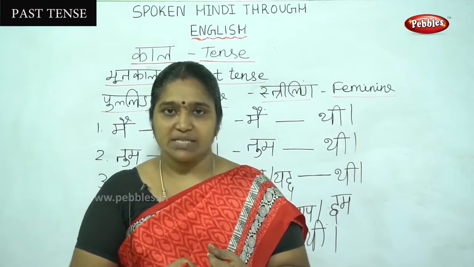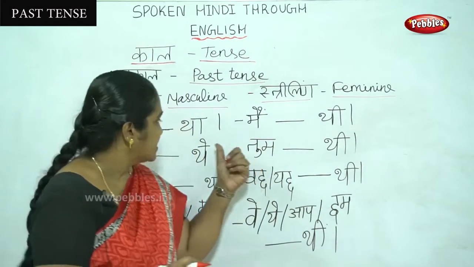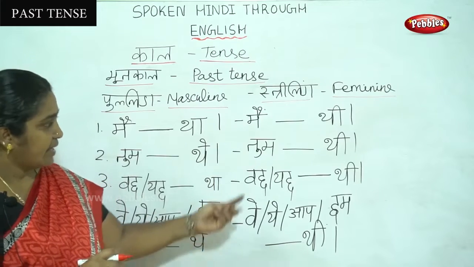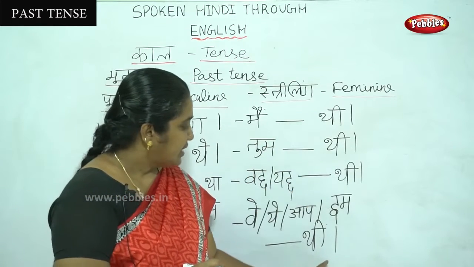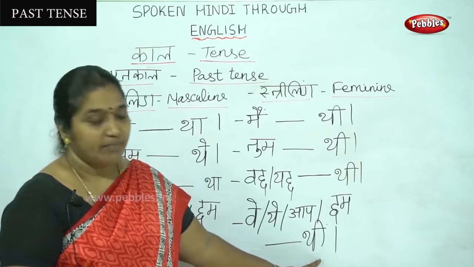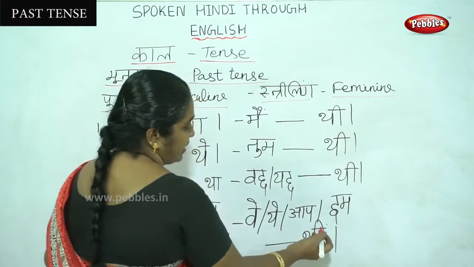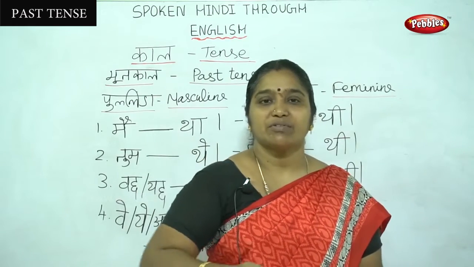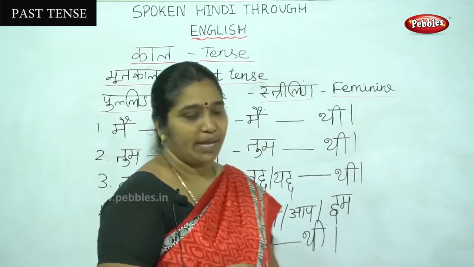For the past tense we have to end the sentence with ta, te, ta, te. For feminine, the same: ti, ti. In the plural form only, we have tim. See, I have put a bindu here. The pronunciation is tim.